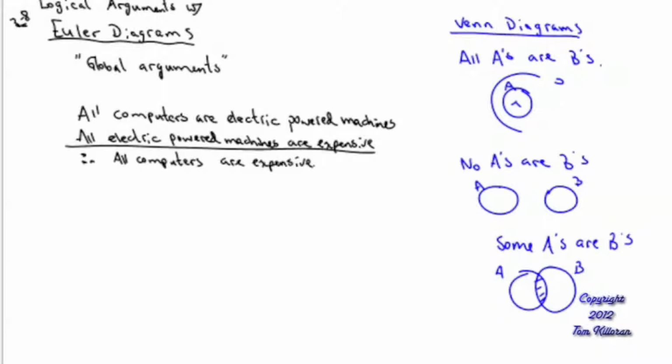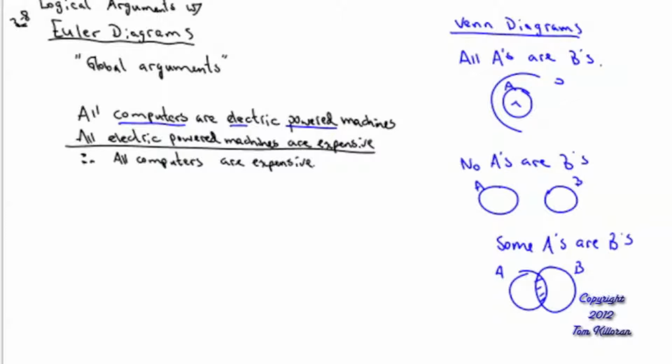All right, so when I bring that kind of idea back into this logical statement, and I'm saying all computers are electric-powered machines, you have to first recognize the two ideas. If you don't see the two ideas, you're not going to be able to draw any picture that goes with them. So if I say all computers are electric-powered machines, which circle is bigger?